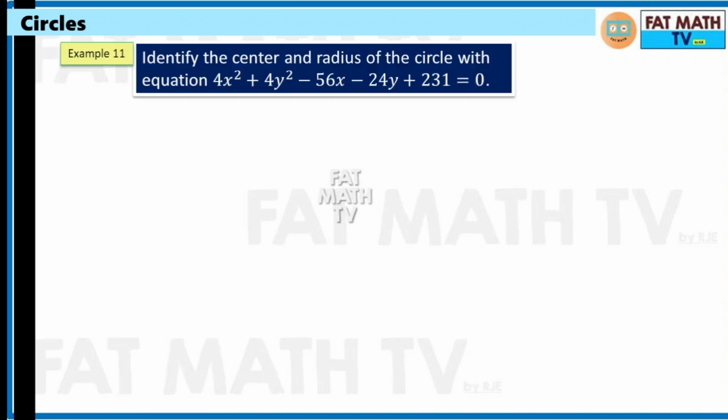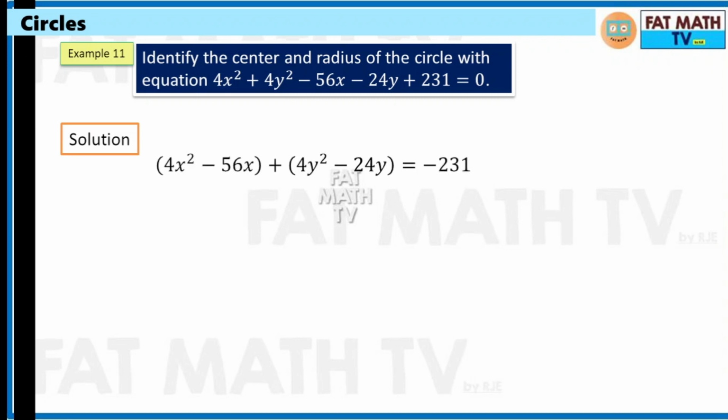Example number 11. Identify the center and radius of the circle with equation 4x squared plus 4y squared minus 56x minus 24y plus 231 equals 0. As you can see here, we already have a numerical coefficient for x squared and y squared, 4. So same, put together the x's and the y's. And then after that, factor out the constant term.